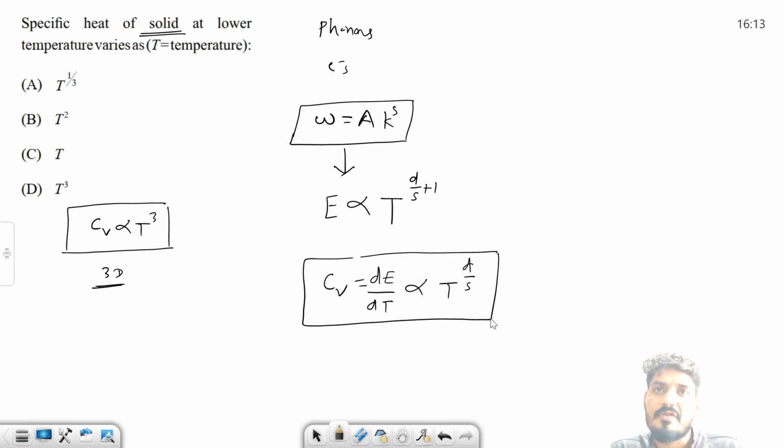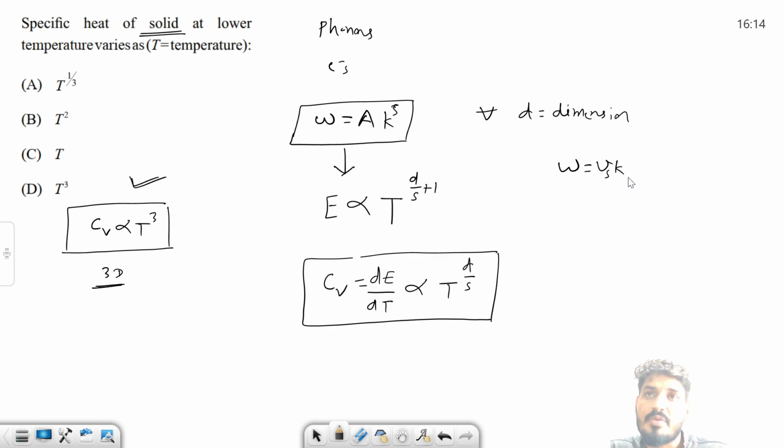Just remember this formula, where D is the dimension and S is this. Now you can prove this formula for this particular case. So these are the phonons. For phonons, what is the relation? Omega is equal to Vs k.